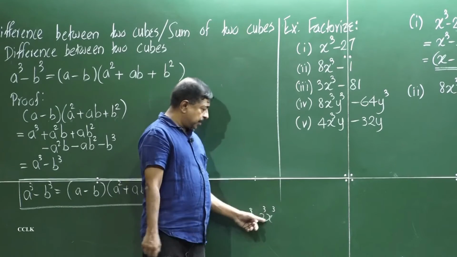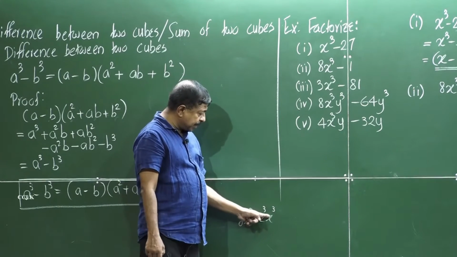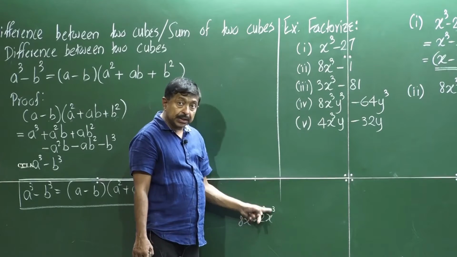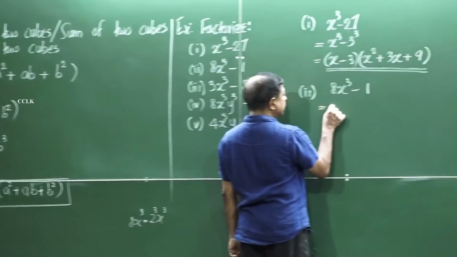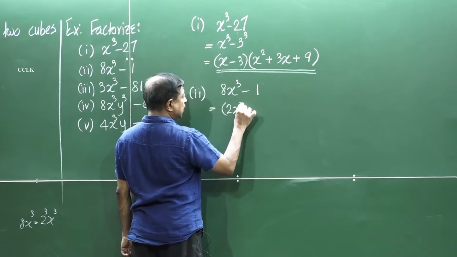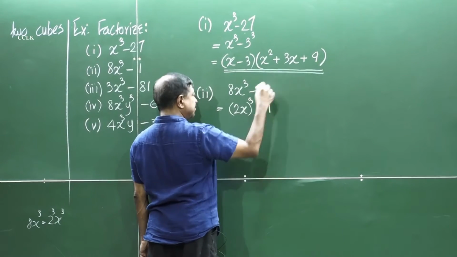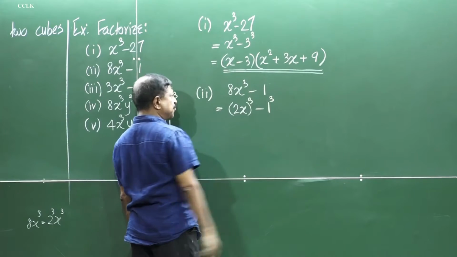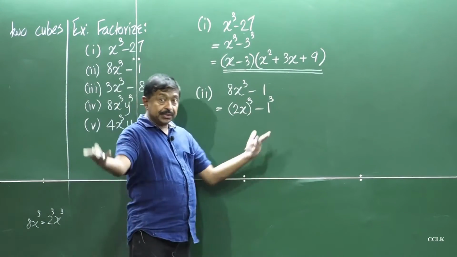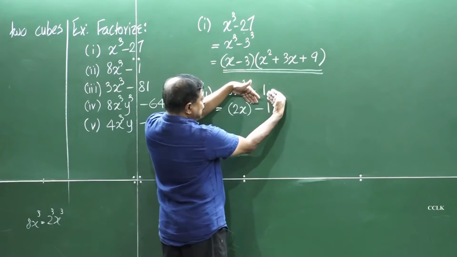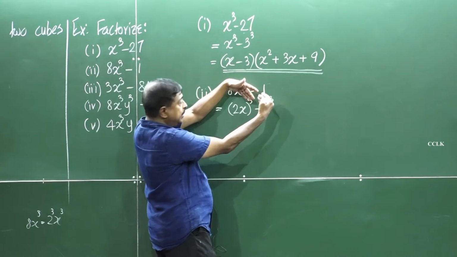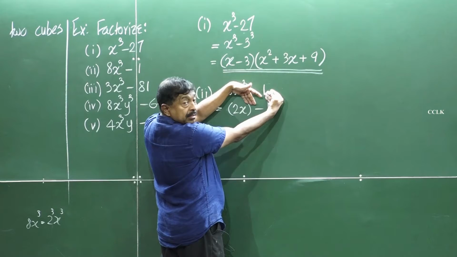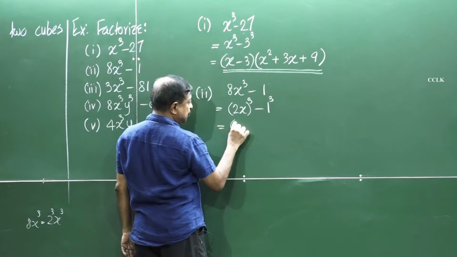So using the rules of indices, you can write it as 2x quantity cube, right? So that's what I am going to do here. I'll write this as 2x quantity cube minus, since I am allocating one step for that, I'll write cube. It's not necessary. Again, close this. What you see is 2x minus 1, right? Clear? Right.